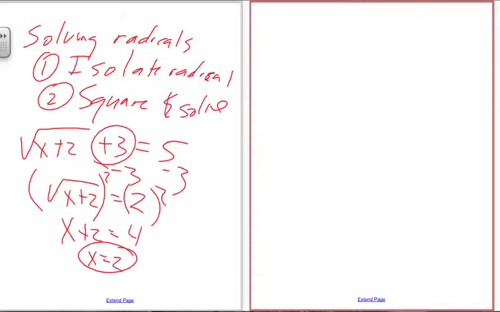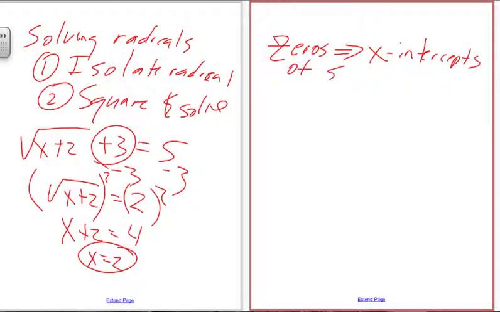Okay, the other thing you're going to need to keep in mind is zeros of a function are your x-intercepts or solutions. And one of the things you're going to have to find are solutions to things like this.